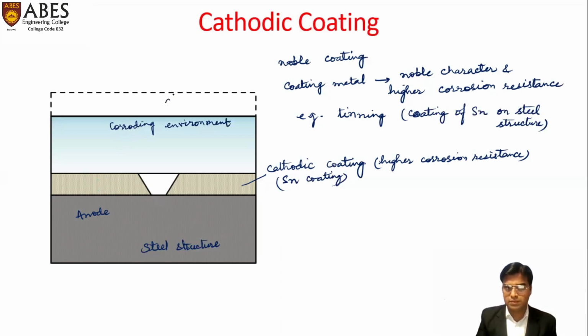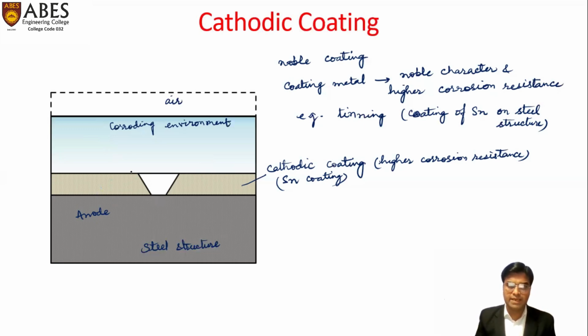So till the coating of cathodic metal is intact, free from any pore or crack or any discontinuity, the steel structure is protected from the corroding environment.